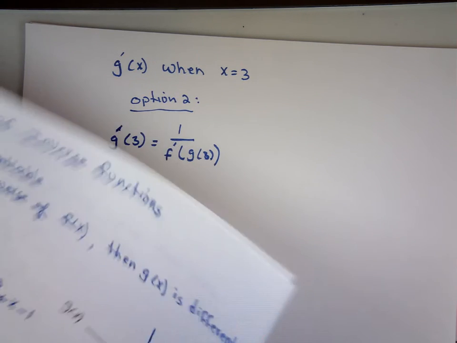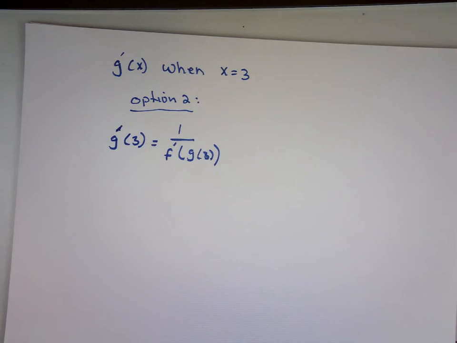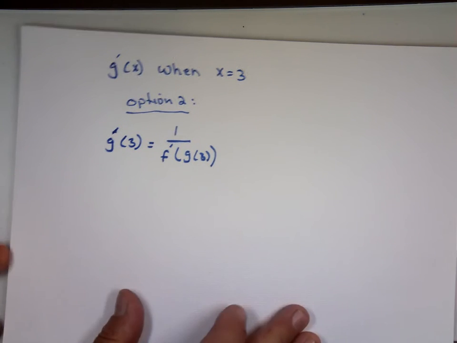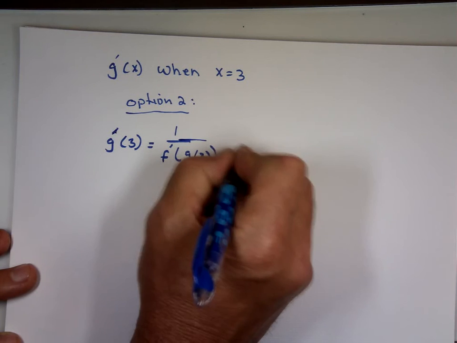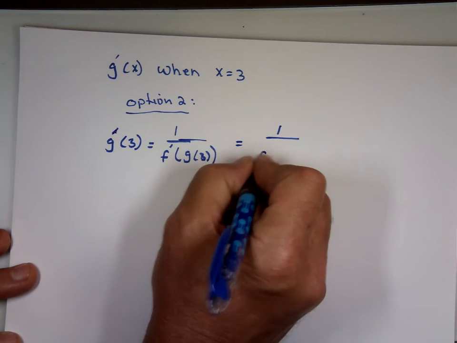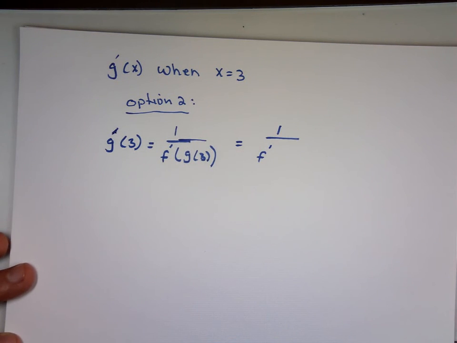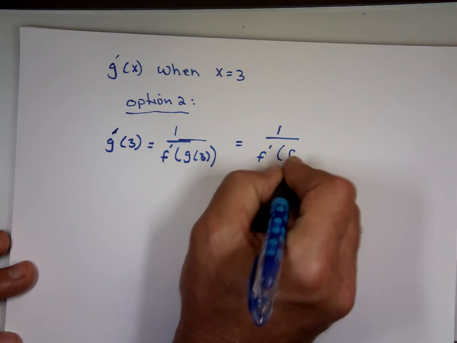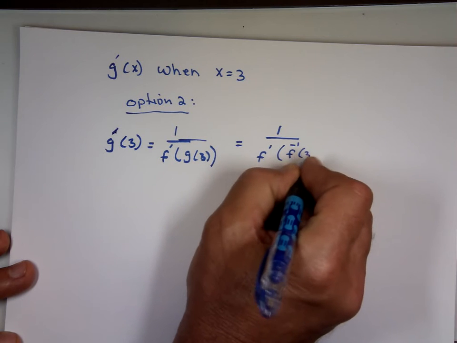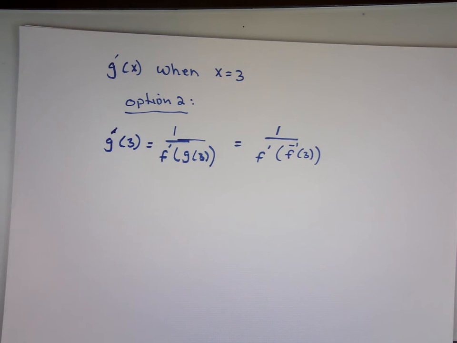If we can solve for it, or if we take the derivative of that, so that will be 1 over f prime of the inverse function at 3. The inverse of f, that's what g is.